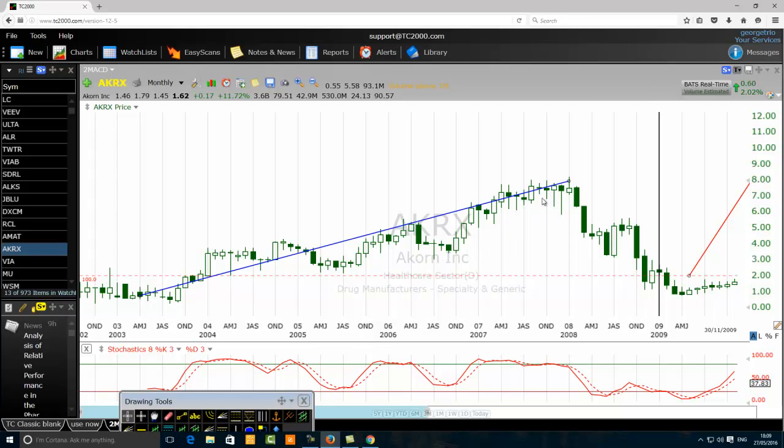Now a correction has begun here, and once again you can see that the stock came down 1, 2, easy, 3, 4, and 5. Now it's looking to me that this stock, Acom Incorporation, has done it before.